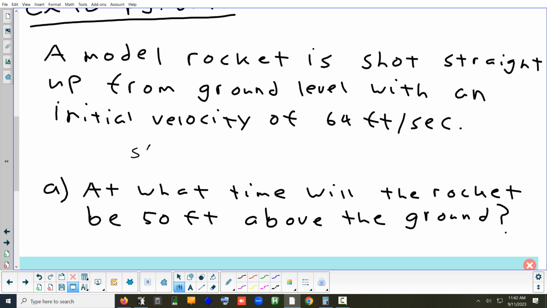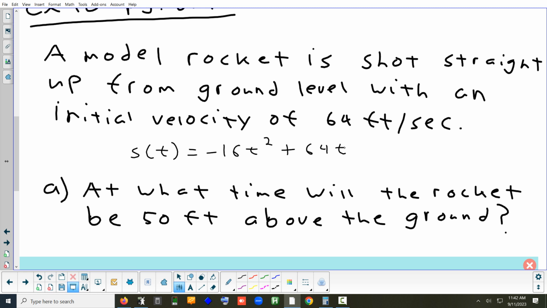So height as a function of time equals negative 16t squared. Now we have to start filling stuff in. The next part is initial velocity times time. What was the initial velocity? 64. And the last part is initial height.